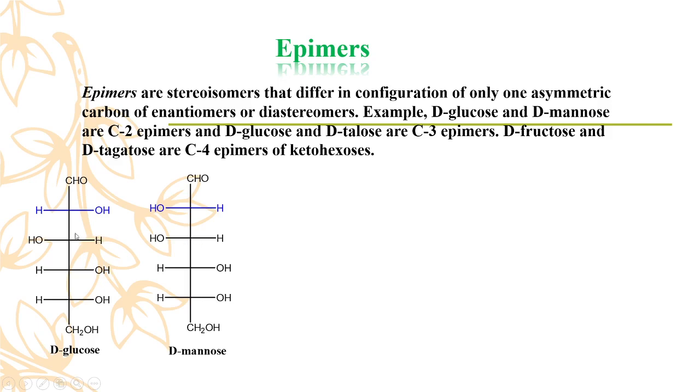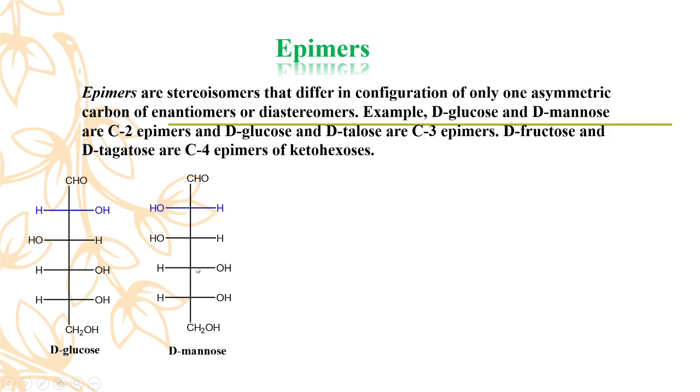And here also S, R and R. That means these 3 chiral centers and these 3 chiral centers have the same configuration, only this one chiral center differs: this is R and this is S. So these two, D-glucose and D-mannose, are epimers.